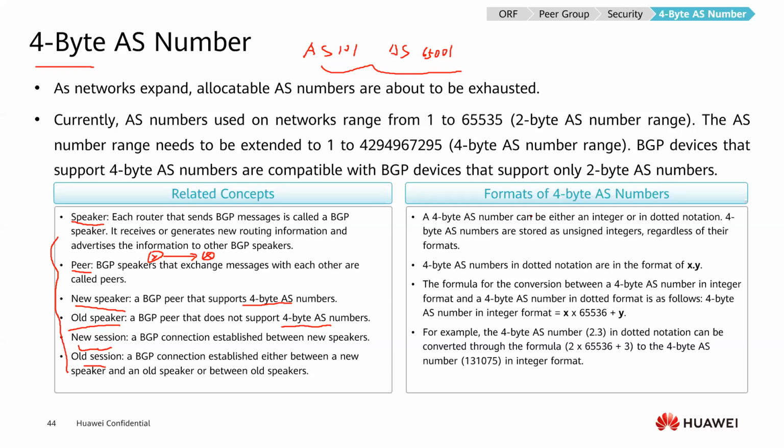And what is the format of the 4-byte AS number? We always write it as x.y. And if you want to change this 4-byte number to the integer format, you can use this: the integer format equals x multiplied by 65536 plus y.